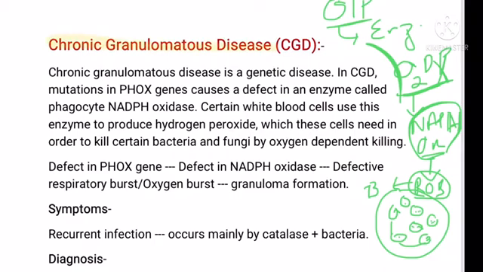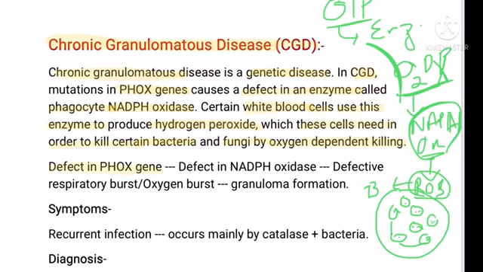Chronic granulomatous disease is a genetic disease. In CGD, a mutation in the CYBB gene causes a defect in an enzyme called phagocyte NADPH oxidase. Certain WBCs use this enzyme to produce hydrogen peroxide, a reactive oxygen species, which these cells need in order to kill certain bacteria and fungi by oxygen dependent killing.